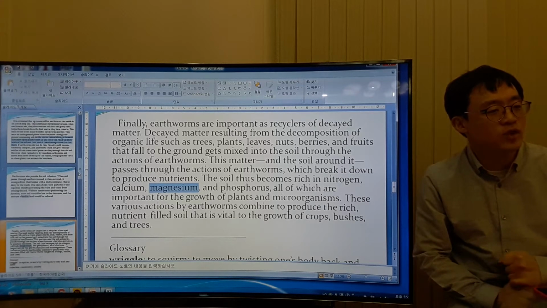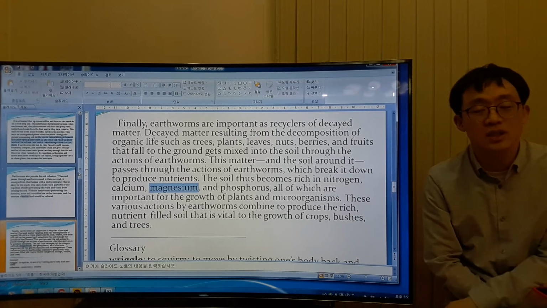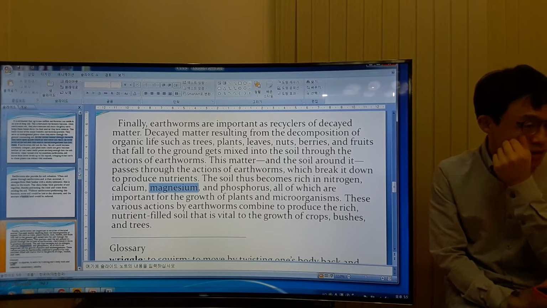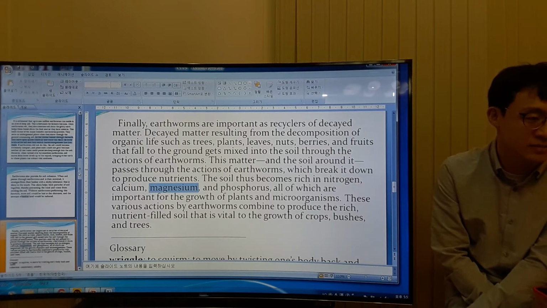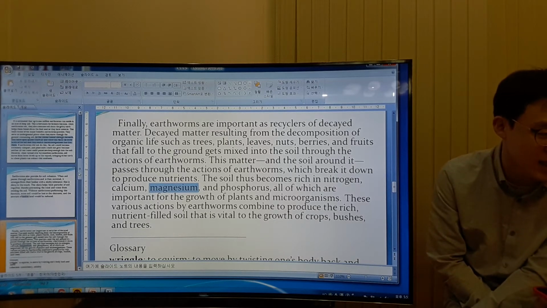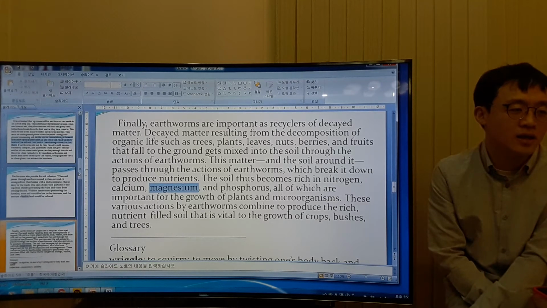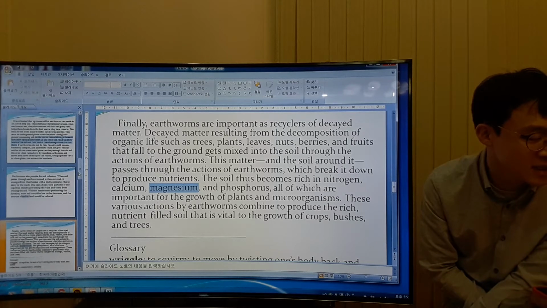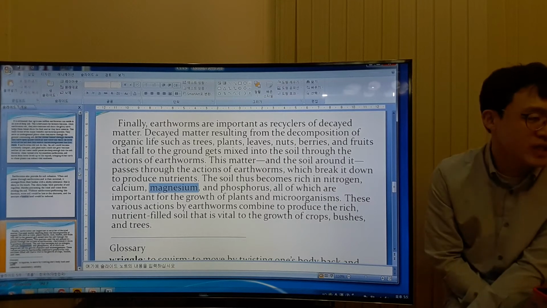Decayed matter coming from decomposition. What is decomposition? Decomposition is the process of decaying. Decay, process of decay. When a living thing changes chemically after dying. That is decomposition. Organic life.